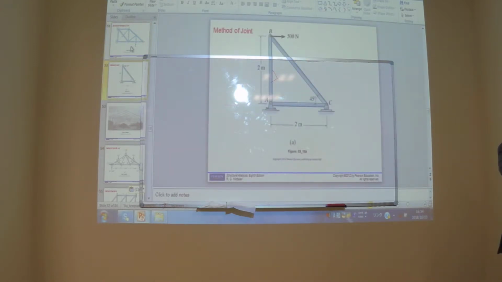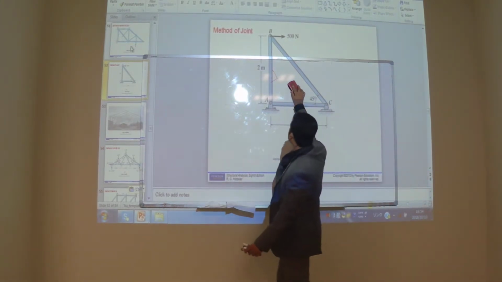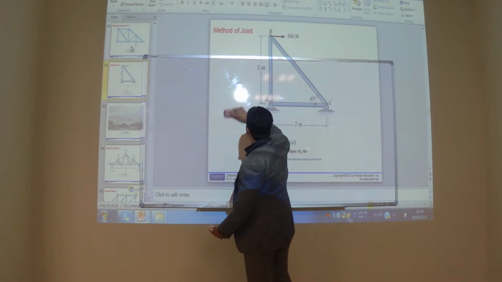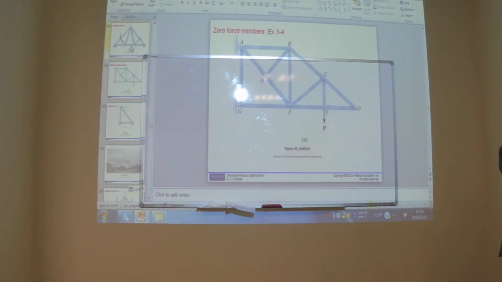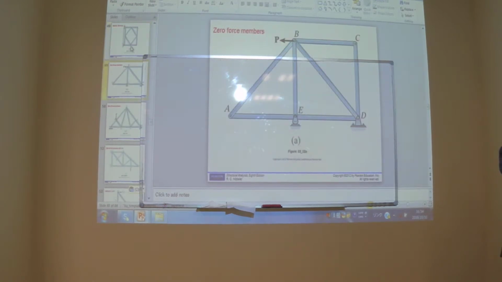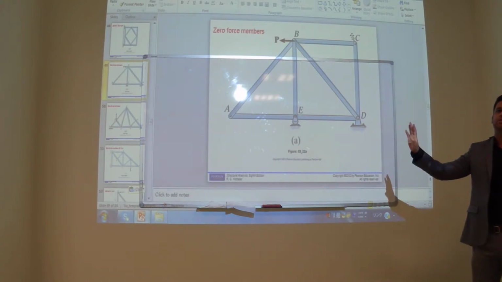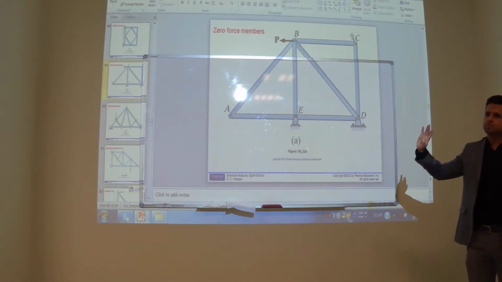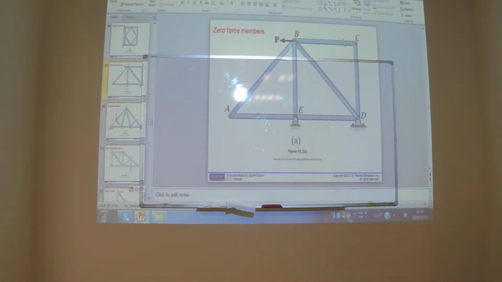This is how you can identify which member is a zero force member. There is a certain rule, and the rule is very simple. The first rule: if there are two members joining together and there is no external force, like at joint A and C, the force in these two members will be 0.